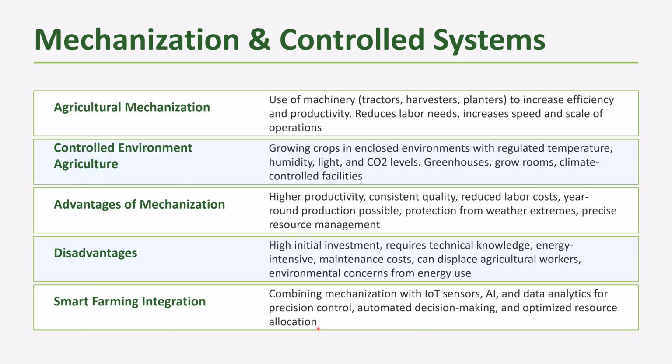Finally, we are seeing the rise of smart farming integration by combining heavy machinery with IoT sensors, AI, and data analytics. This high-tech approach is essential for meeting global food demands, but as environmental managers, we must ensure these systems remain energy efficient and socially equitable.